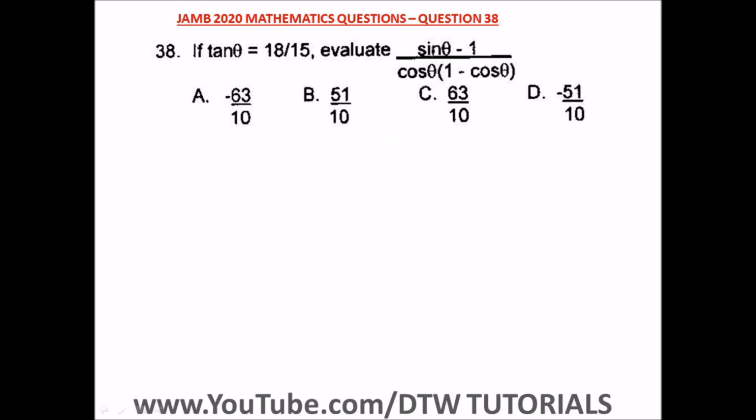It's an error. This is not 18, rather this is an 8, so let me block this off. This is an 8 over what? 15. So if it's 8 over 15, remember that tan theta equals opposite over what? Adjacent.